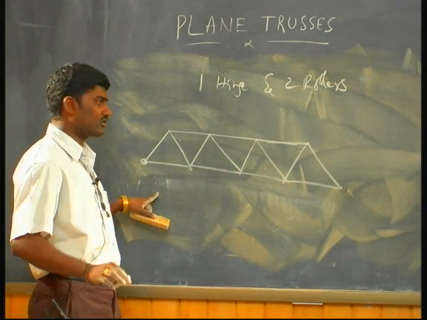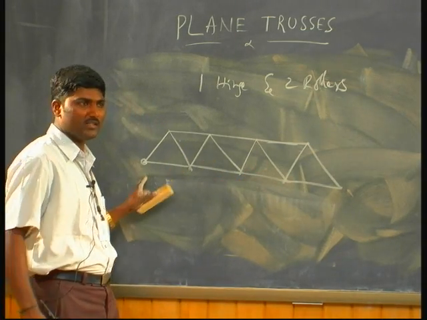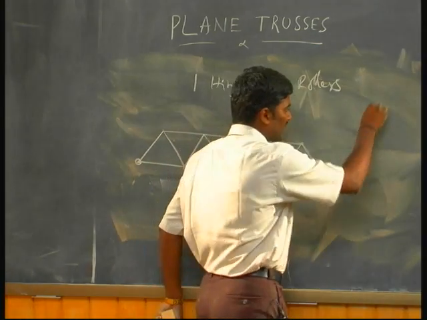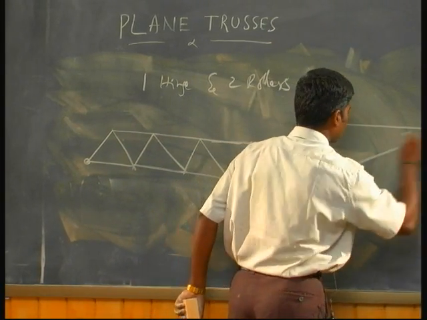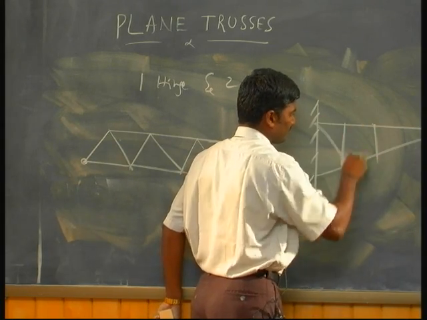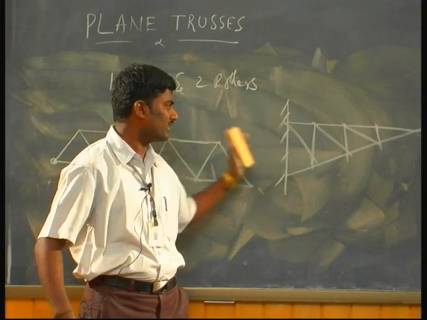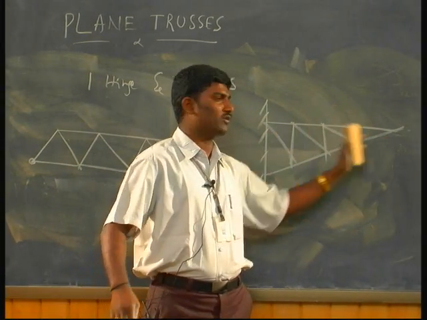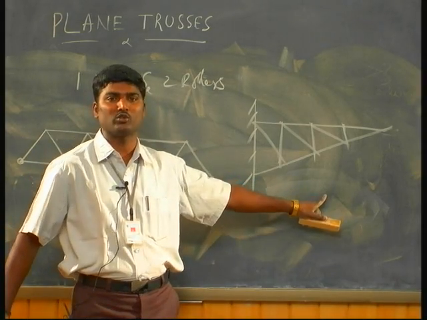So you need to support only at the ends, or there is another type of structure which can be given as something like this. This is a truss which is supported only at one end, and you have a cantilever portion so that you can have this space as a free space to use.